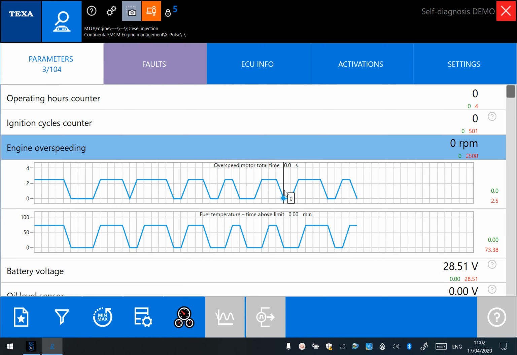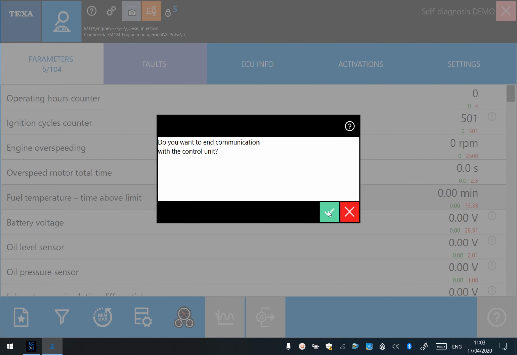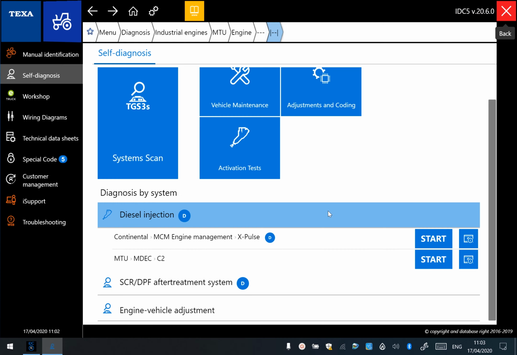So again, quite useful. There's a lot more to explain about this. We're able to take more recordings and a variety of other bits and pieces, screenshots and so on. But hopefully you get the gist of what we're talking about here. So we'll just end communication with that, or end the demonstration program.